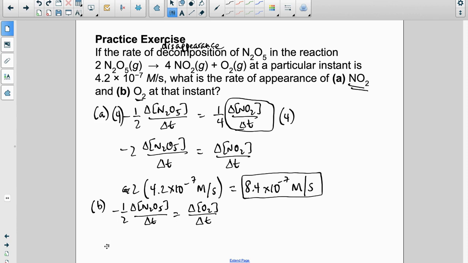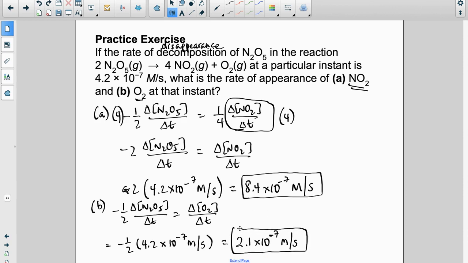So now we can just plug in for my N2O5 rate right there, 1/2 times 4.2 times 10 to the minus 7 molarity per second, because that's what that equals. And that will give us 2.1 times 10 to the minus 7 molarity per second for the rate of O2 appearing.